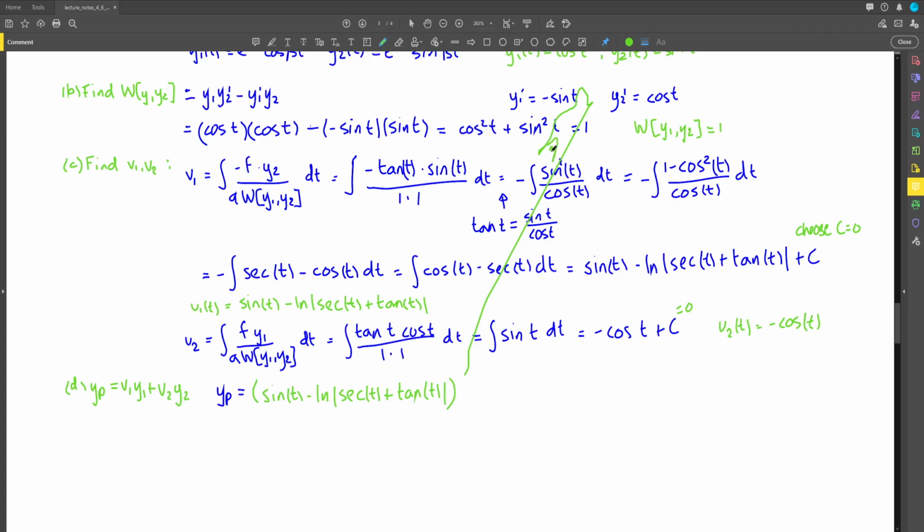And then y1 is cosine of t, so we'll write cosine of t here, and then plus v2, which is actually a minus cosine, so I'll replace this by a minus.